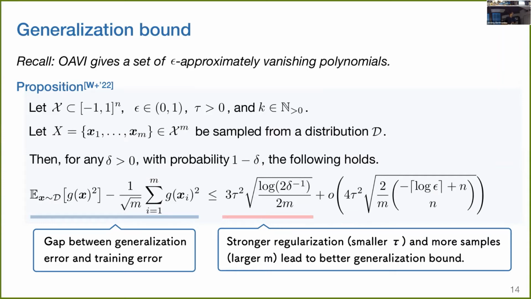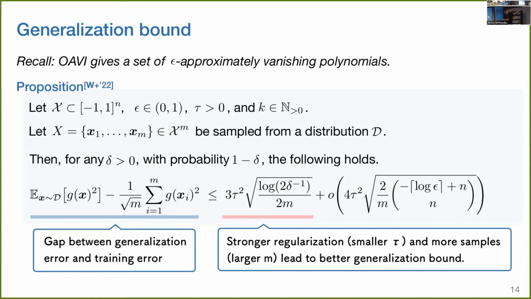So this is a generalization bound. Recall that the OAV algorithm gives a set of epsilon-approximately vanishing polynomials. What is proven is that, suppose the support of the distribution of samples is from -1 to 1, epsilon is between 0 and 1, tau is some positive value, and k is a non-zero natural number.